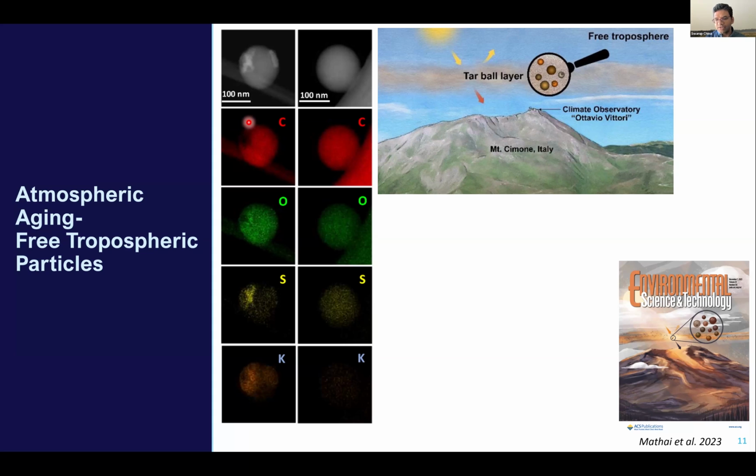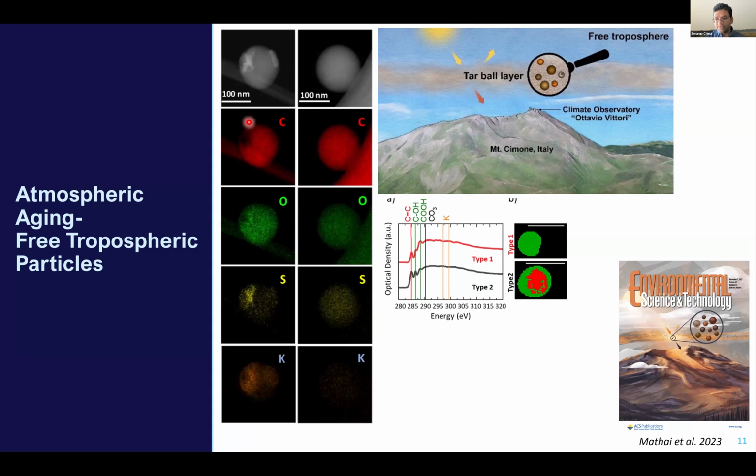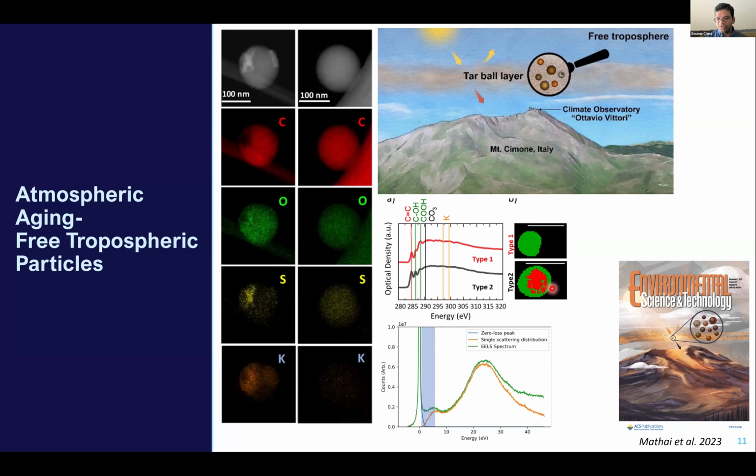So we tried to understand this. Then we used STXM again, where we can see there are two different types of particles, more homogeneous ones, like I was mentioning, and in some cases elemental carbon. And then we used another spectroscopy in scanning TEM, which is electron energy loss spectroscopy. The very simple way to explain this is that it can extract information on the refractive index of individual particles.